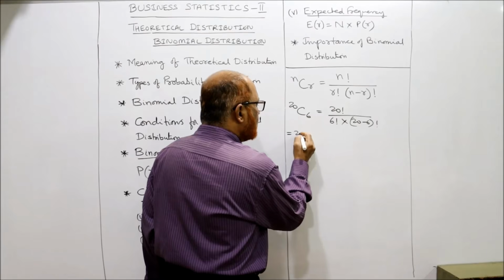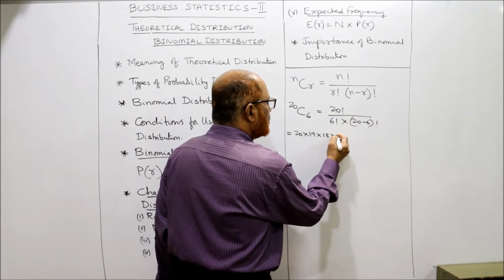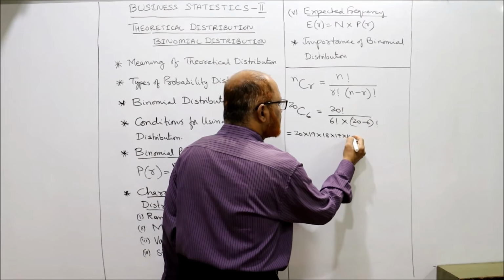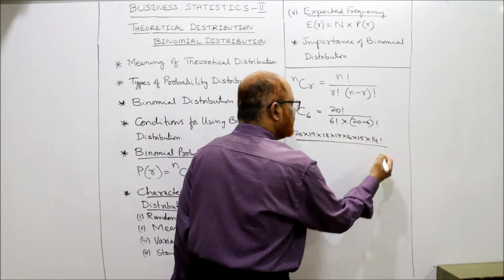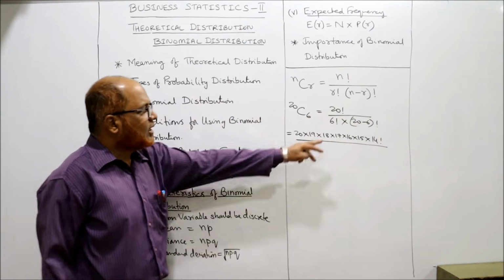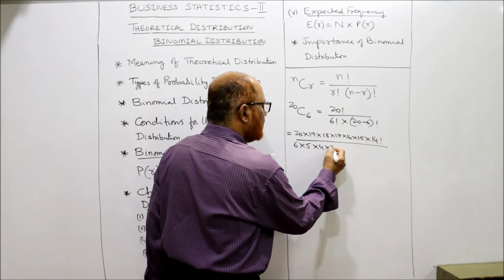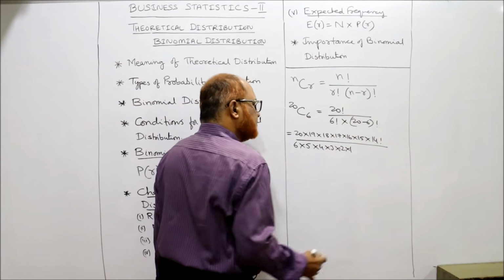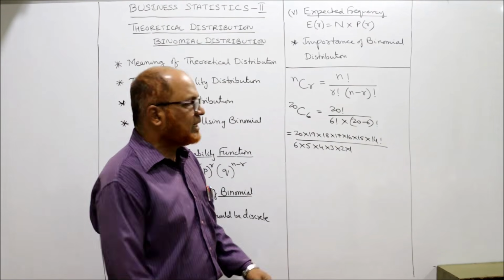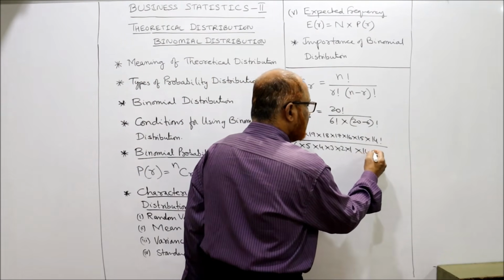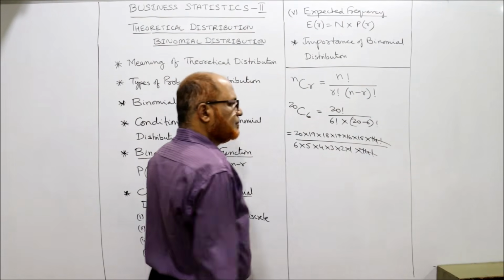That is equal to 20 into 19 into 18 into 17 into 16 into 15 into 14 factorial. Now 6 factorial, 6 into 5 into 4 into 3 into 2 into 1, into 14 factorial. Now cancel 14 factorial with 14 factorial.